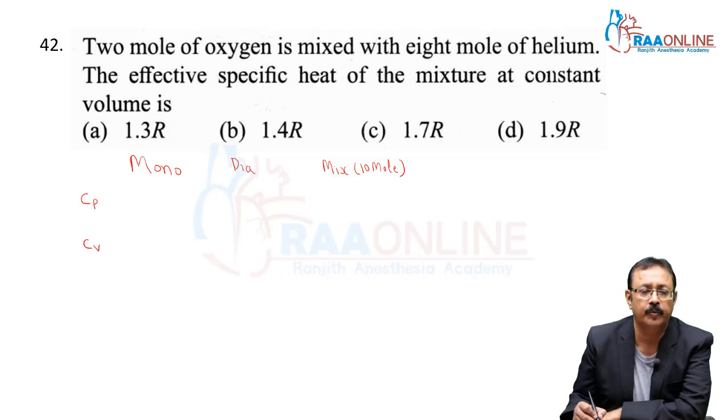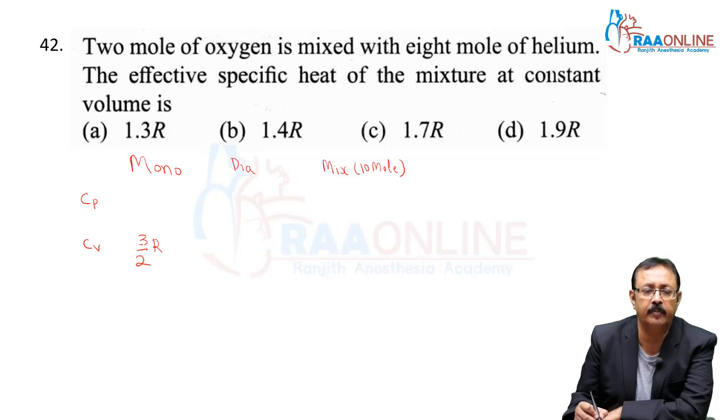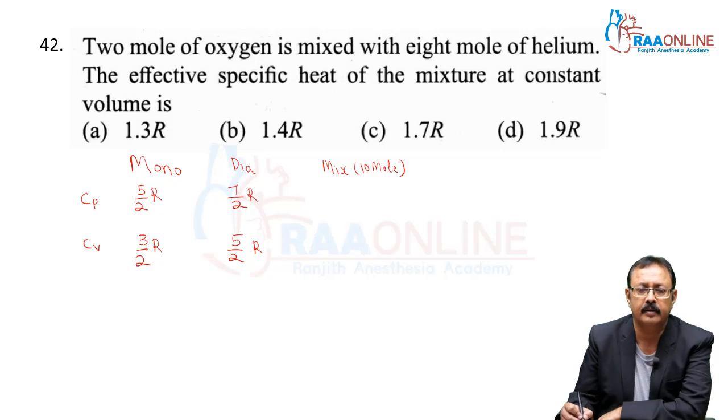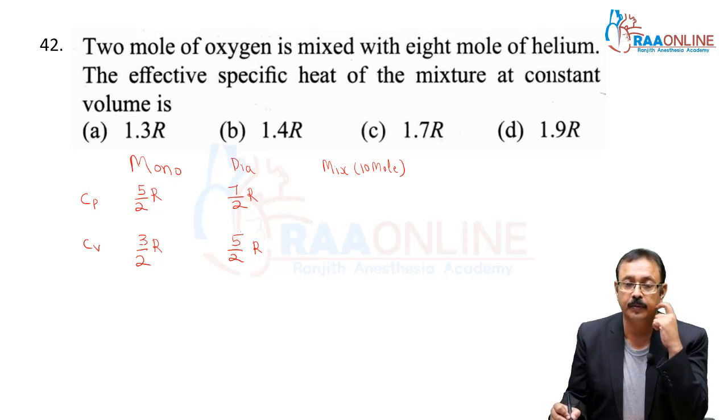For mono, for 1 mole, the heat required at constant volume is 3/2 R, and Cp is 5/2 R. For diatomic, Cv is 5/2 R and Cp is 7/2 R.